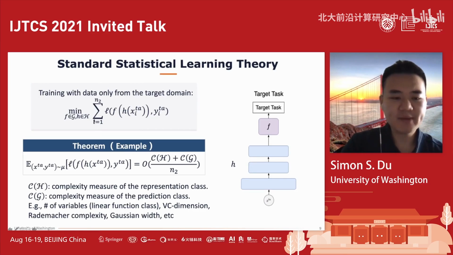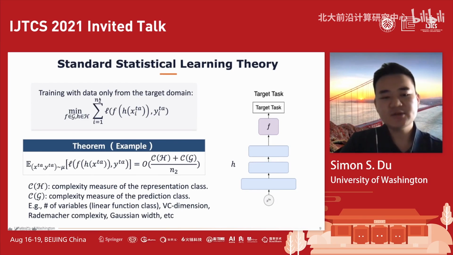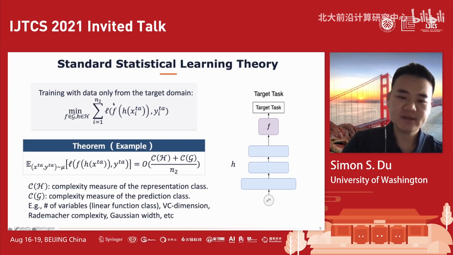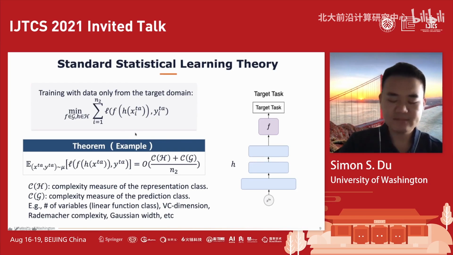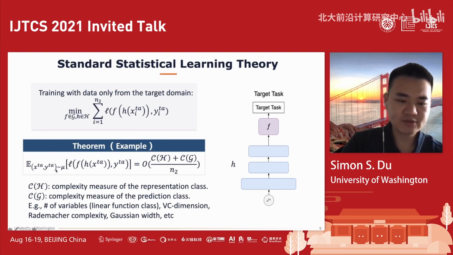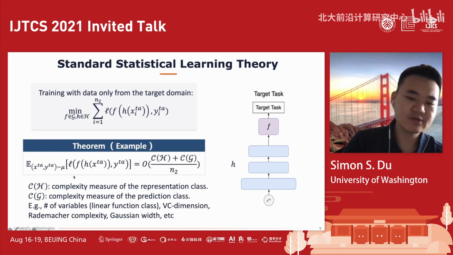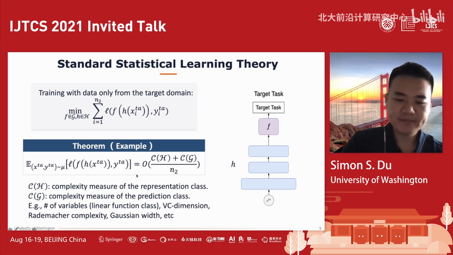You're optimizing over both F and H, using only this N2 data in the target domain. This is what the standard theory tells you: the expected loss, with respect to the underlying distribution mu that generates the data, can be bounded by CH plus CG over N2.